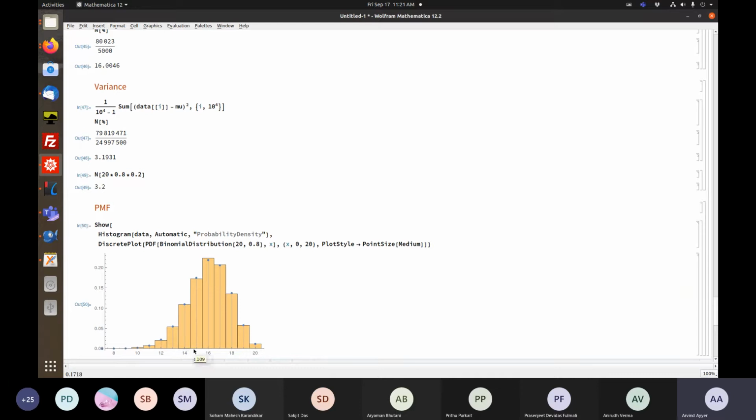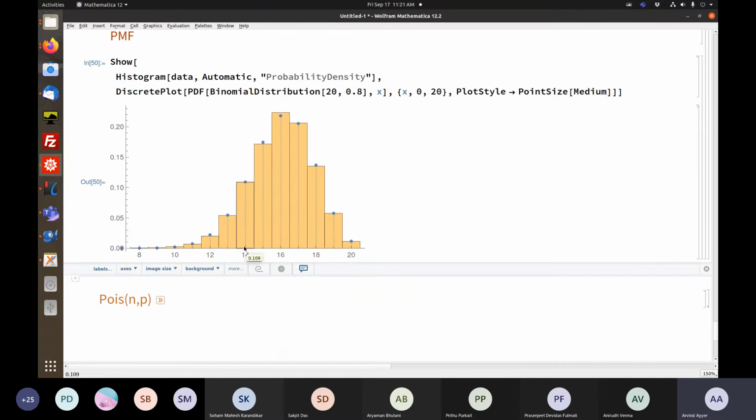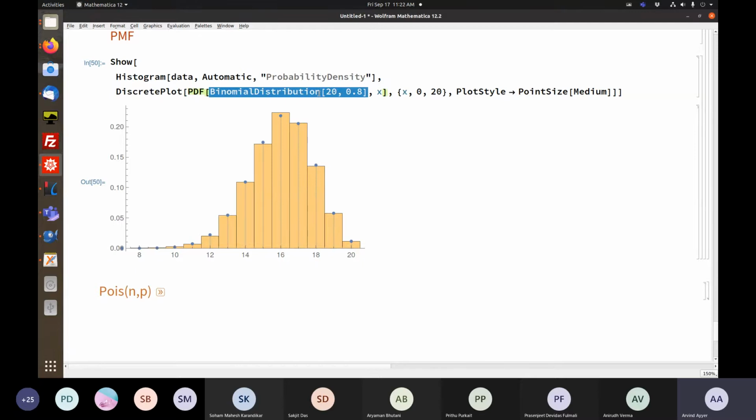So this is 14, this is 15. Oh, can you see it? Maybe I can increase this. Yeah, so this is 14, this is 15. So this width is 1. So it goes from 13.5 to 14.5, for example. The blue dots represent the actual PMF for this distribution.